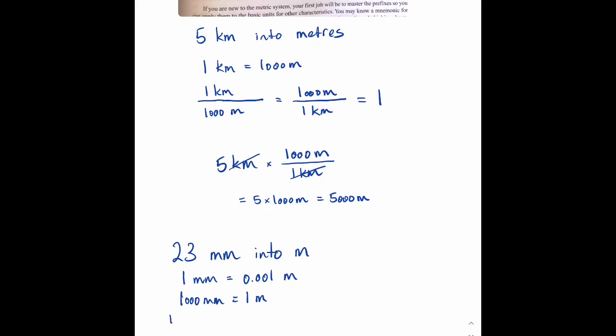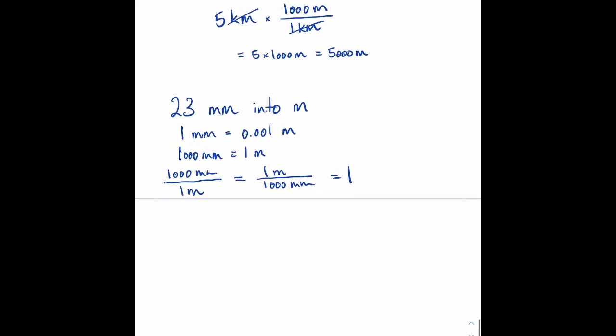And that means I could write 1,000 millimeters over 1 meter, or 1 meter over 1,000 millimeters, and those are both equal to 1. Meaning I can multiply by that without changing the actual value.